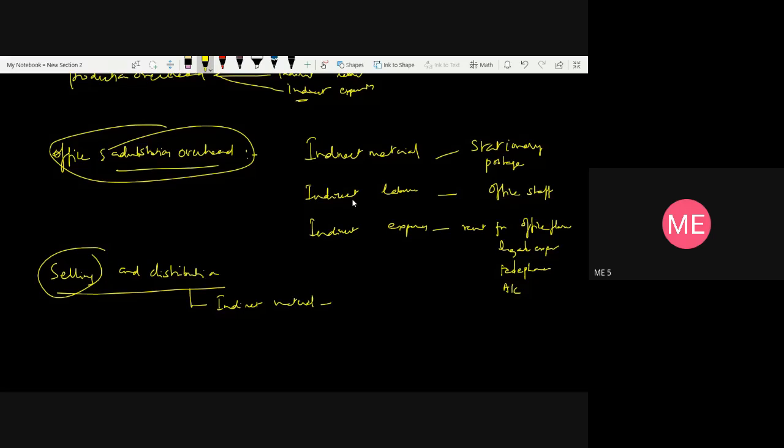And also we require stationery for the sales office, because selling and distribution will be taken care of by the sales office. So packing material and stationery for the sales office all come under indirect material cost.